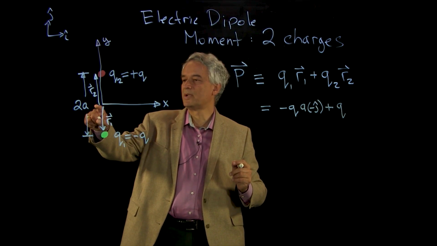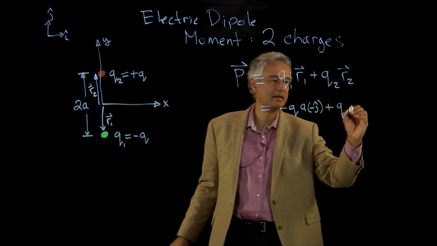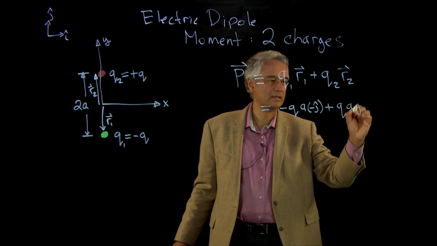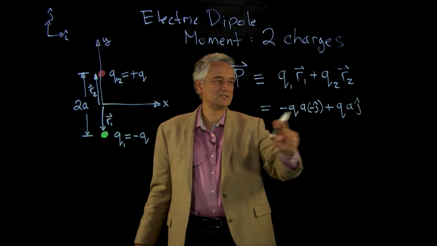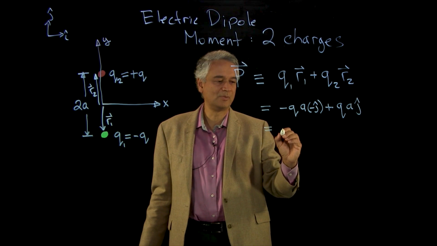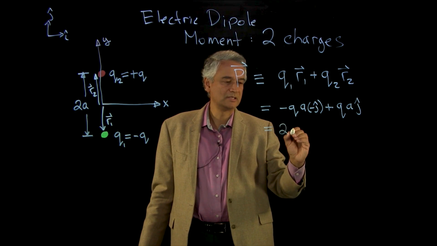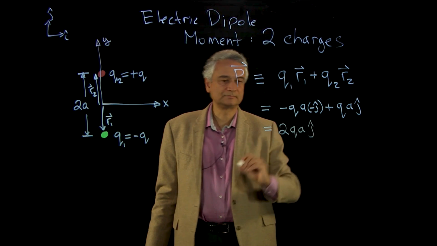R2 is a vector that points in the plus j hat direction, and once again it has length a. So I have Q a j hat. And you see two minus signs here, minus minus, that makes this plus, so these two terms add. And so we end up with an electric dipole moment given by 2 times Q times a times j hat.